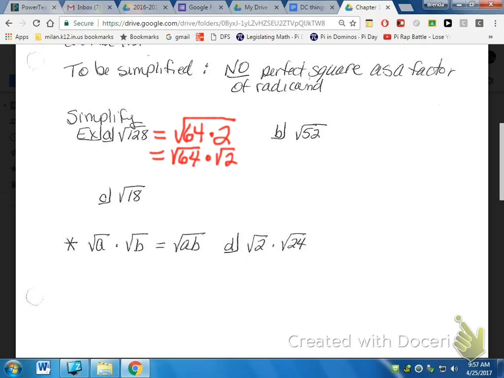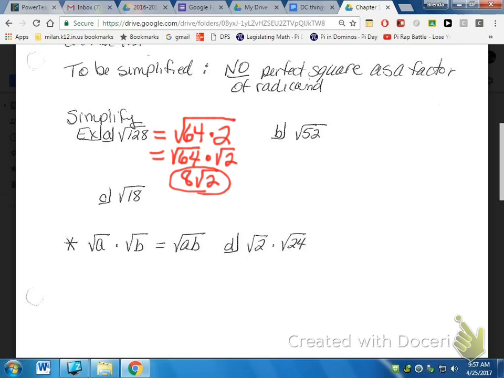What is the square root of 64? 8. So you would say 8 radical 2. And that would be the simplified value for radical 128. We are simplifying the square root of 128.